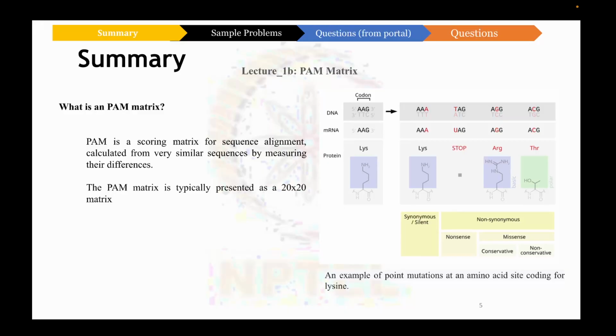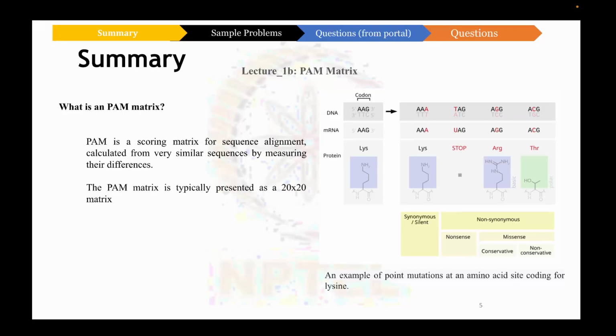Conservative mutations often occur in regions of protein where maintaining a specific structural or functional characteristic is important. Despite the amino acid change, the overall structure and function of the protein may remain relatively unchanged. Examples of conservative substitutions include replacing one hydrophobic amino acid with another, or replacing one polar amino acid with another polar amino acid.